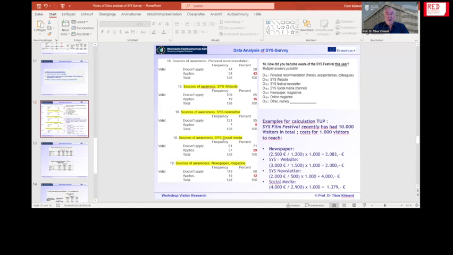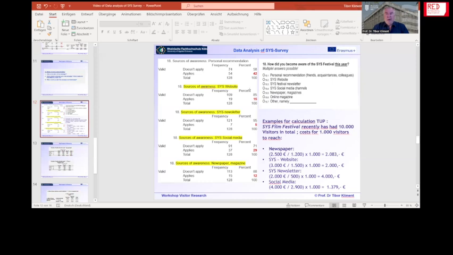So here you can already see that the reach the different media channels have among the audience is very different. So best is personal recommendation, second best social media, after that newspapers, magazine, and also the website, and the newsletter does not work very well.